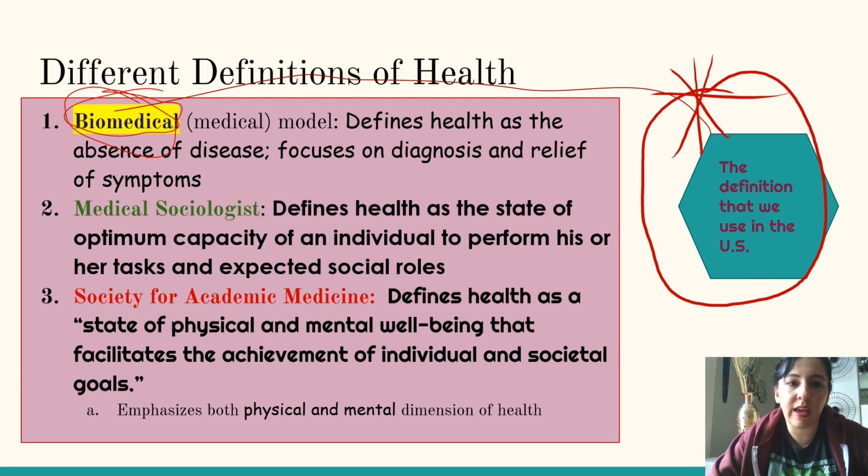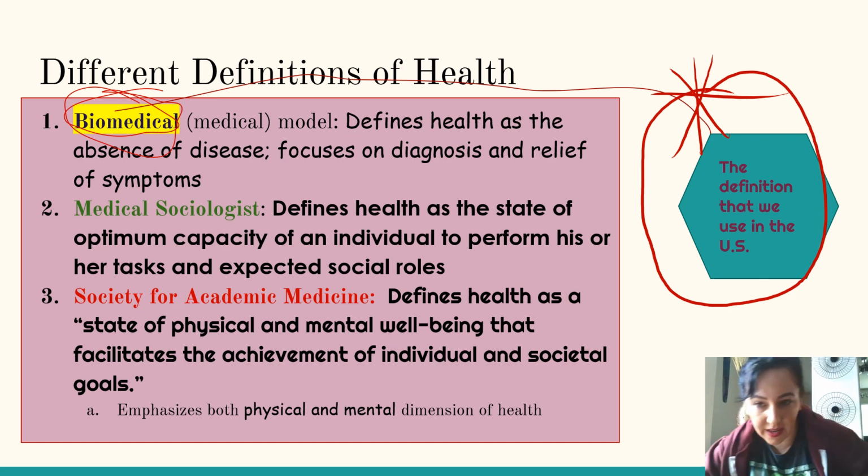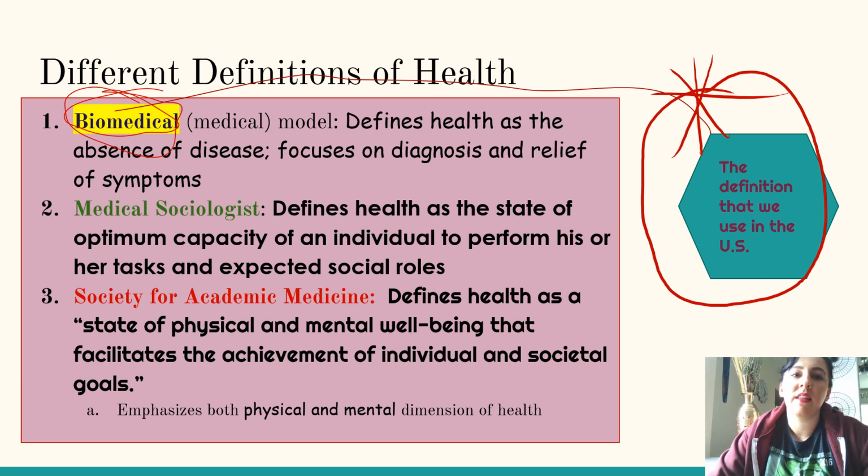Next we have the medical sociologist definition, which defines health as a state of optimum capacity of an individual to perform his or her tasks and expected roles in society. This one is not just focusing on the physical aspect of health, but also adds a social aspect.